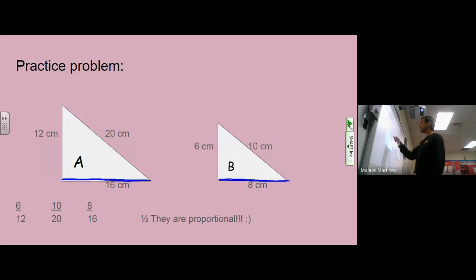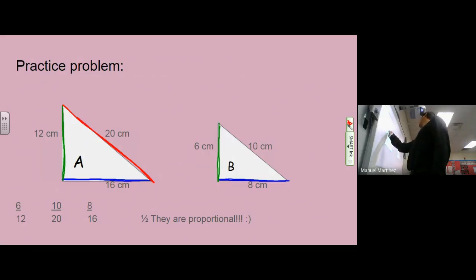Then we have the height here, well, imagine it is a straight line. The height here, those are corresponding sides too, okay? And then we have, how do you call this side? This is a right triangle. This side is called hypotenuse. But it's okay, you don't have to know that yet, okay?